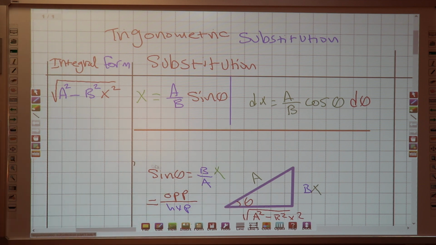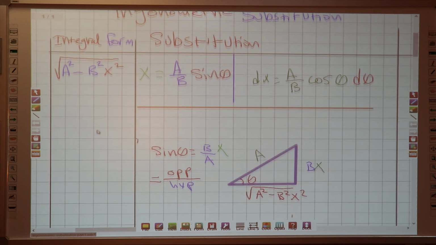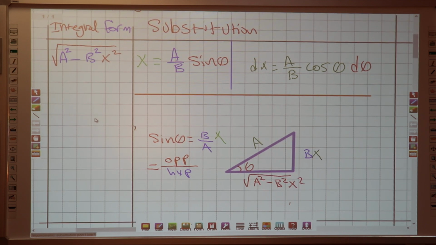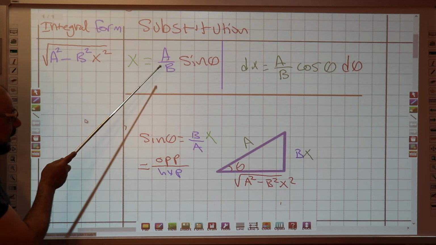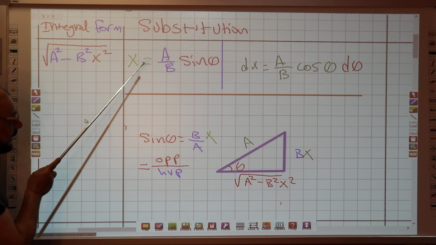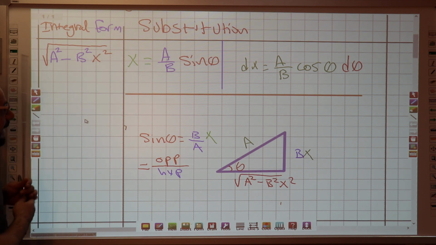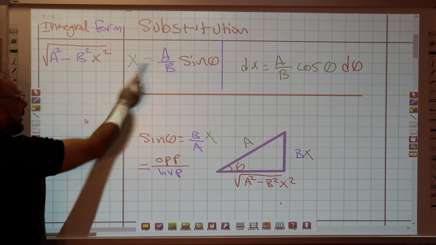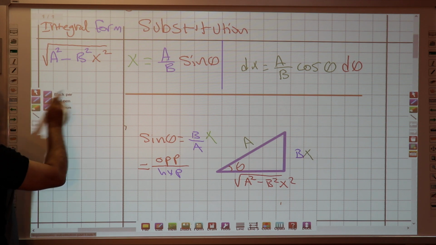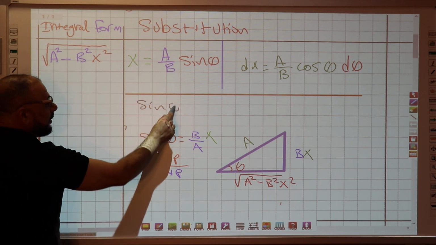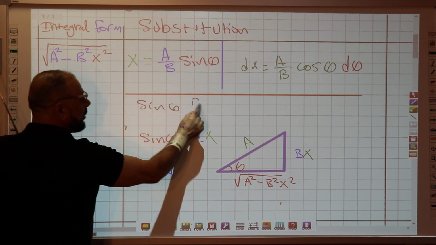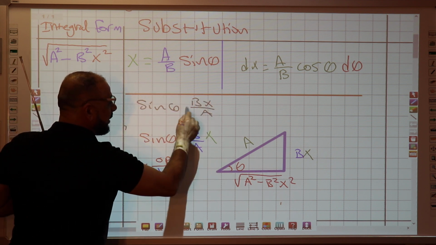When I solve a problem, I like to have my triangle ready. Look here, since sine theta equal, if you cross multiply, sine theta equal bx over a, right?